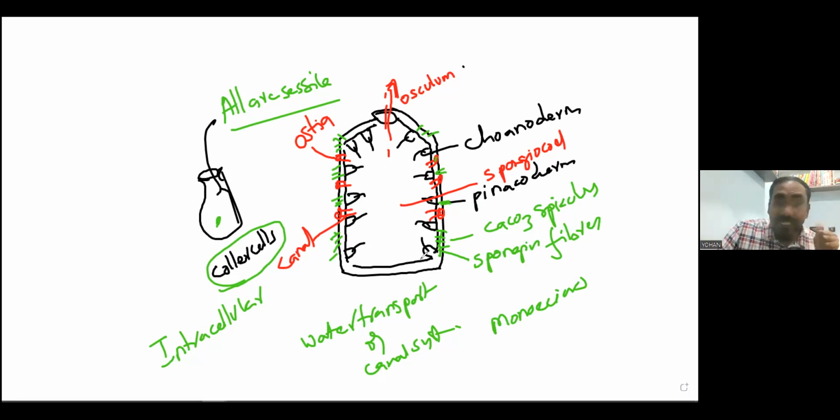Development is indirect. What is meant by indirect? If a larval stage is present, it undergoes a change called metamorphosis.